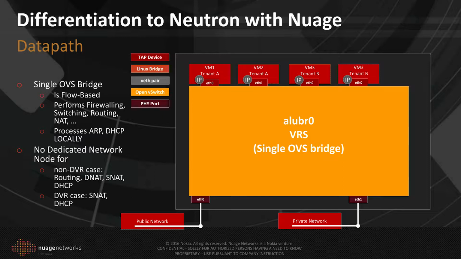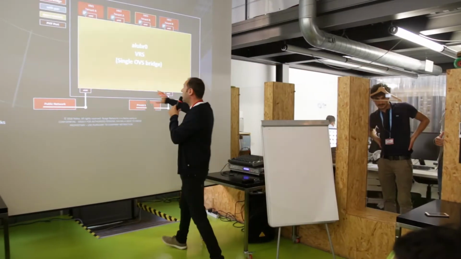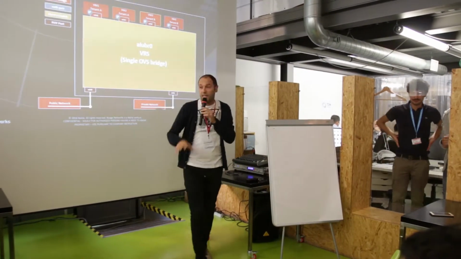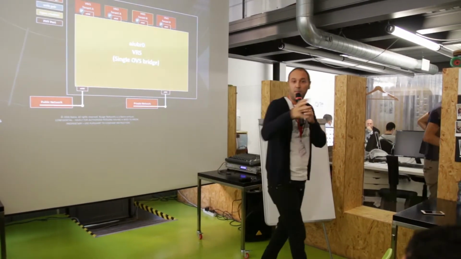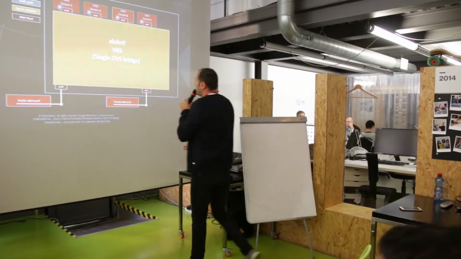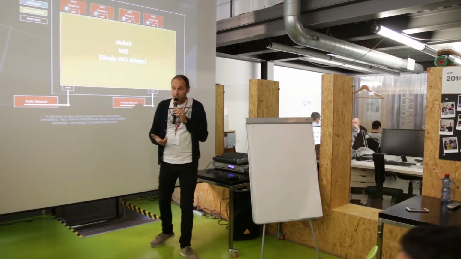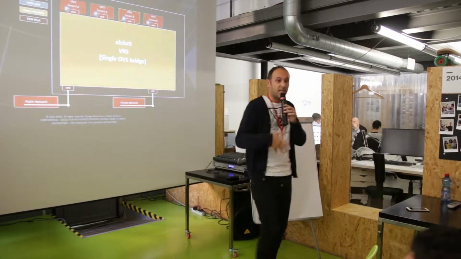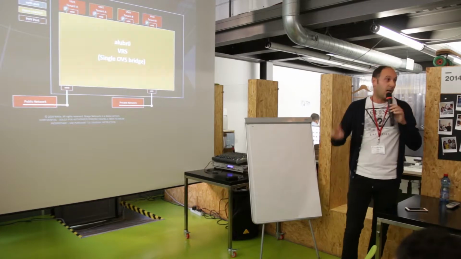Maybe some of you already know what we mean by microsegmentation. As you see, the name is ALU bridge. This stands for Alcatel-Lucent bridge, because initially we were the SDN division of Alcatel-Lucent. Then Alcatel-Lucent was bought by Nokia, and now we see Nuage from Nokia, but we still try to maintain our independence to be more agile and flexible.